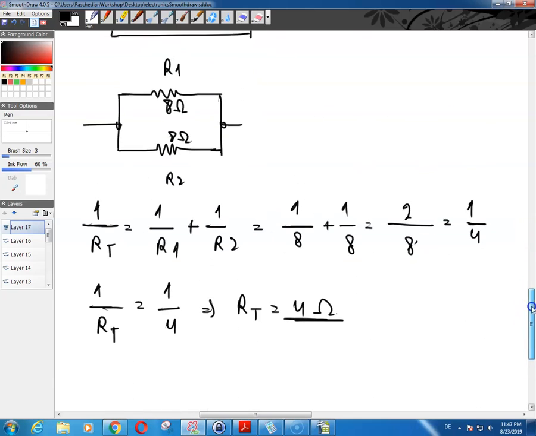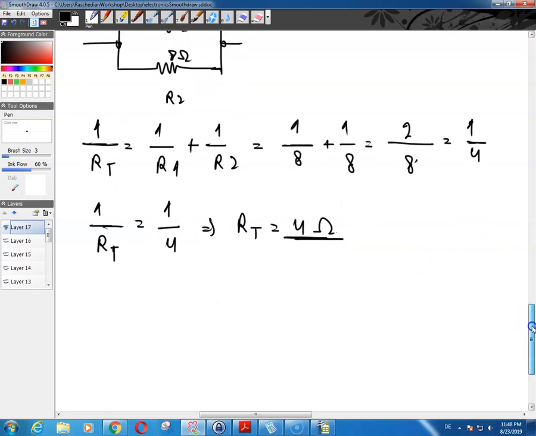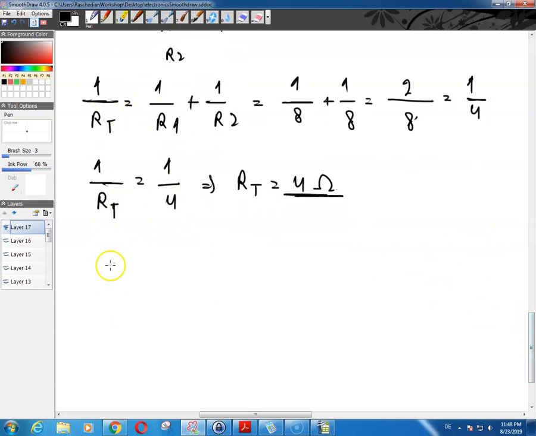So that means that if the resistors happen to be the exact same, having the same value of resistance, then the equivalent parallel resistance would be half of either of those two resistors. And of course this equation you can write as 1 over R of T equals 1 over R1 plus 1 over R2.